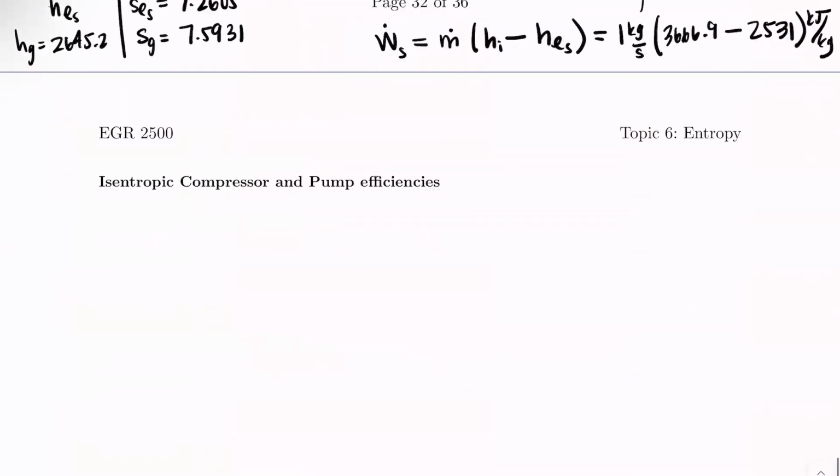Okay, great. So we've looked at turbines. Let's now look at compressors and pumps.